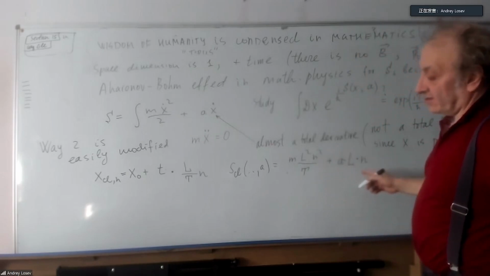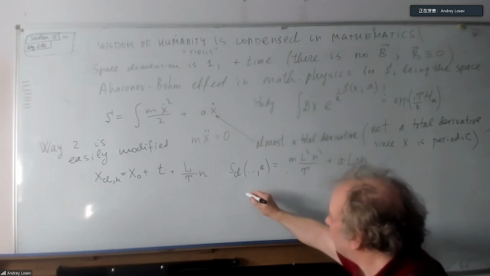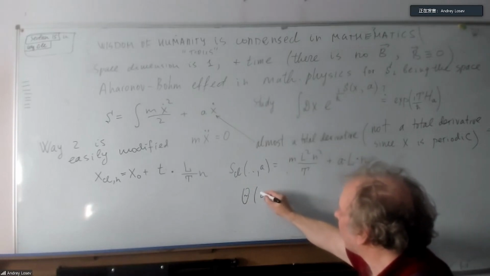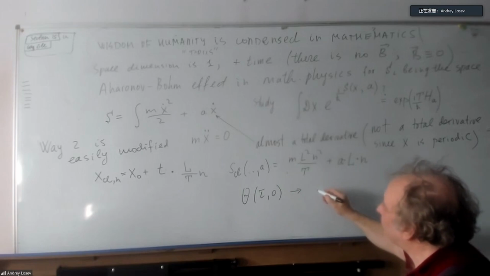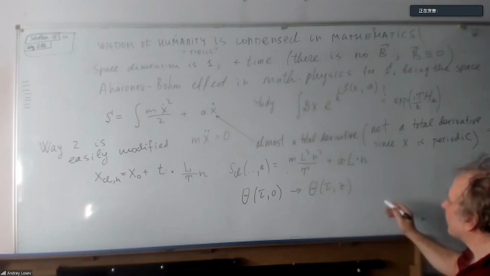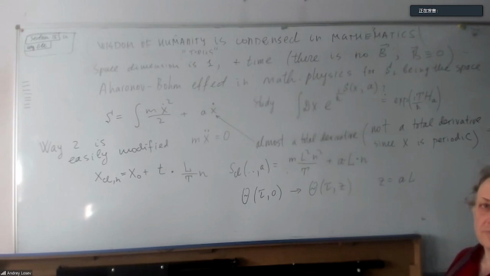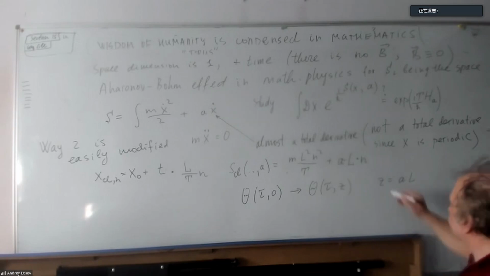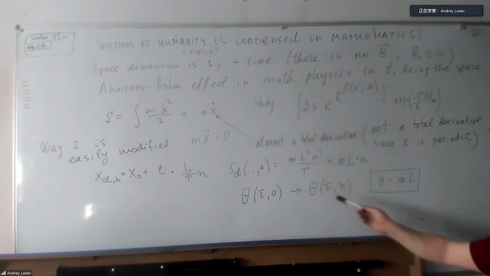So what is the result of it? The result is that theta constant would be modified to theta function with z equals to A L. Great.